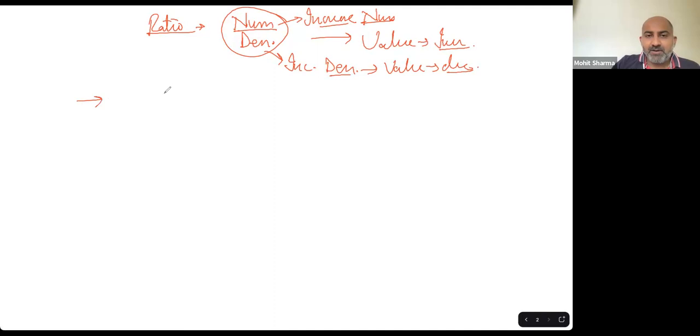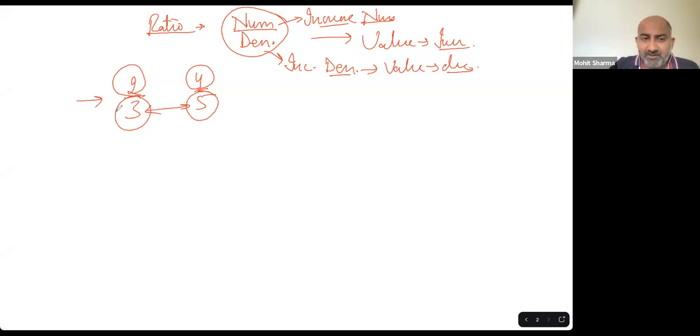Another thing: if we have to add or subtract two fractions, let's say 2 upon 3 is getting added to 4 upon 5, whether we are adding or subtracting, you make either the numerator the same or the denominator the same. Mostly you make the denominator the same.